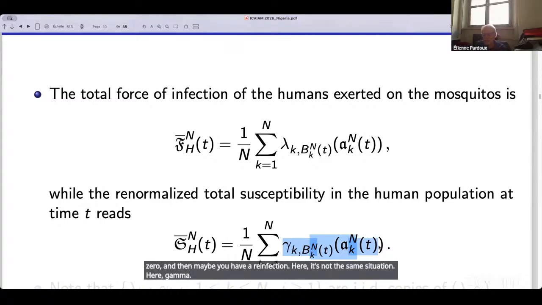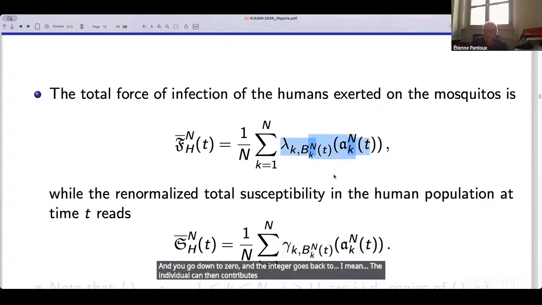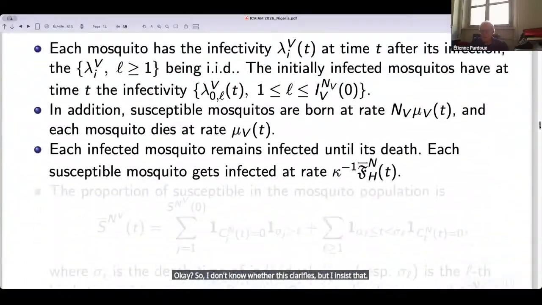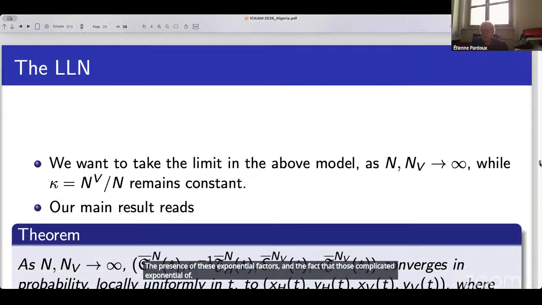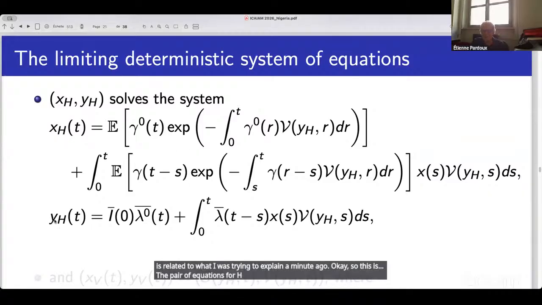Here gamma is increasing, and then suddenly you have a new reinfection, and you go down to 0, and the individual k then contributes to this sum, and only later contributes again to this sum. I don't know whether this clarifies, but I insist that the presence of these exponential factors, and the fact that I have expectations of complicated functions of gamma, is related to what I was trying to explain a minute ago.